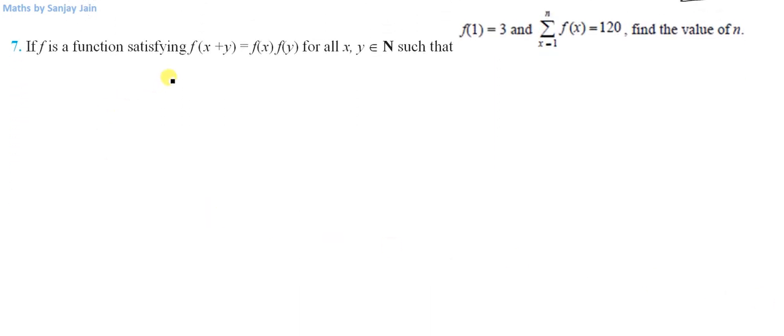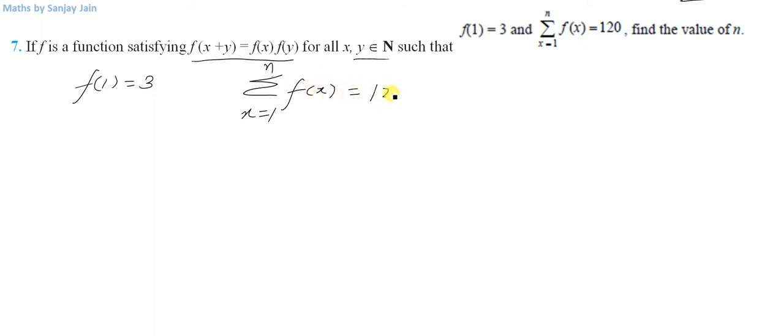If f is a function satisfying this, then for all x, y belonging to natural numbers, such that f of 1 is directly given, it is equal to 3, and then summation x goes from 1 to n, f of x is given as 120. What does it mean? That I will put values of x going from 1 to n, right, and all natural numbers.